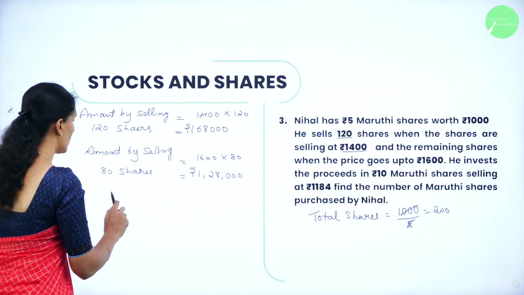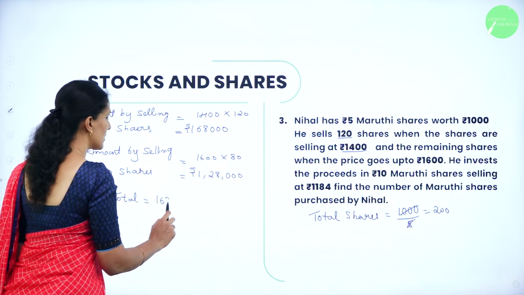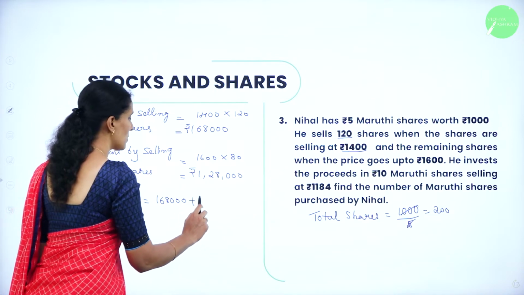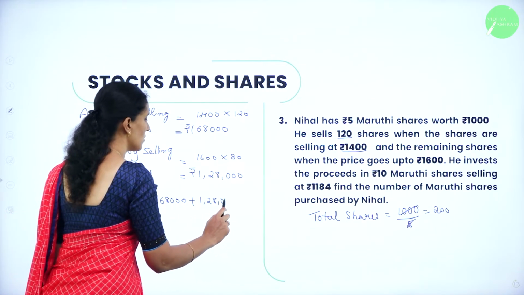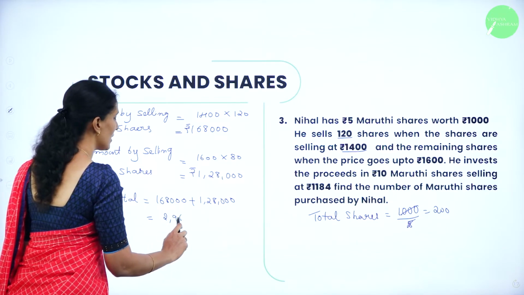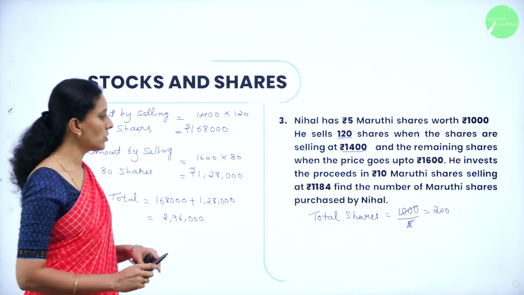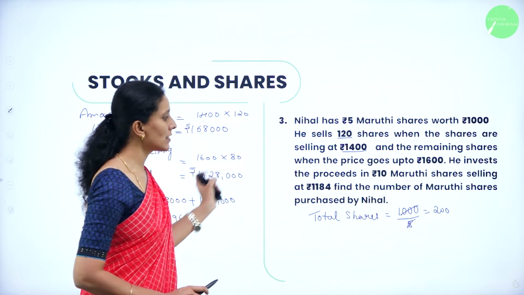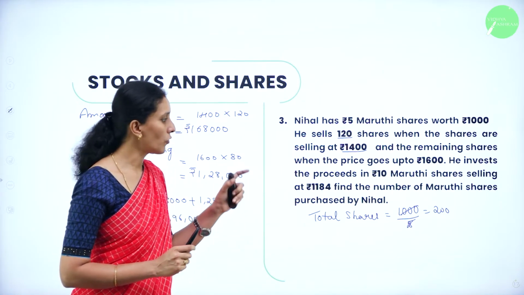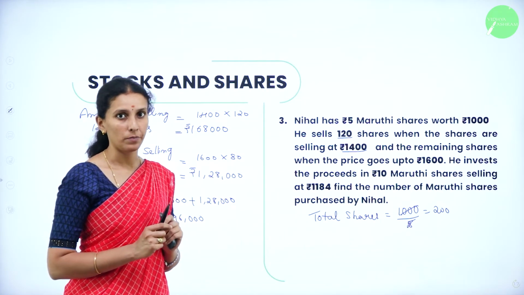Now total will be equal to 1,68,000 plus 1,28,000. That is equal to 2,96,000. Now this was his amount. Again, he has used this amount to buy a share of rupees 10 of rupees 1,184.